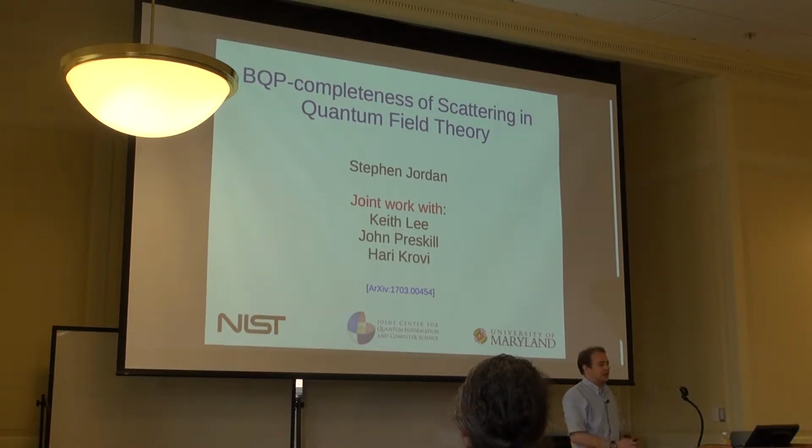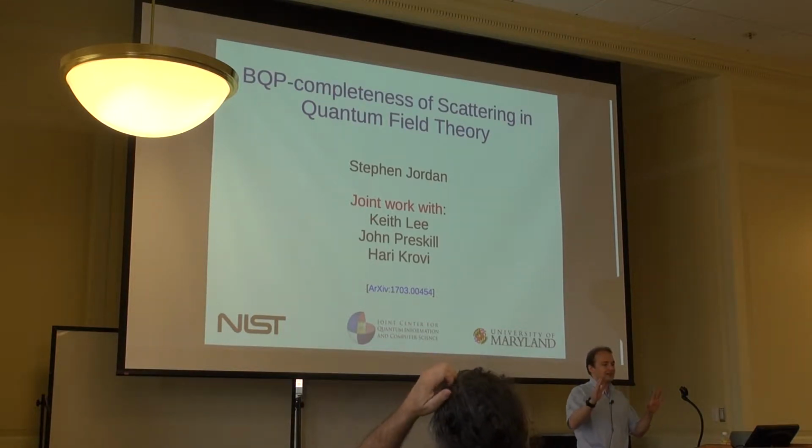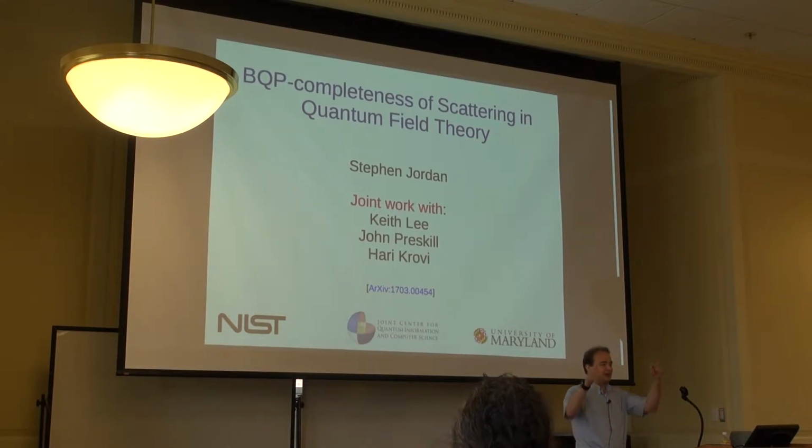And so the structure of our argument will be a reduction. We say we have the problem of predicting the output of some polynomial-sized quantum computation, and we want to do some massaging of that to encode the output of the quantum computation into some transition probability in a quantum field theory. And therefore, if you had a classical algorithm that could efficiently compute what those transition probabilities were, then they would be able to compute all the behaviors of quantum computers.